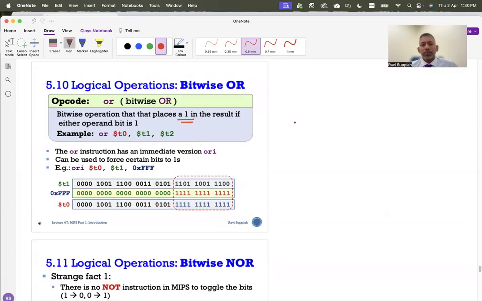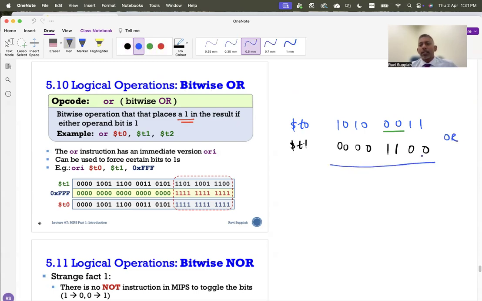Coming back to a simple example of 8 bits, if my original register T0 has a value of 10100011, and my aim is to set only these two bits to 1, then what I will do is take a register where only these two bits I set to 1 and everything else I set to 0. And if I perform the OR operation, what will happen?